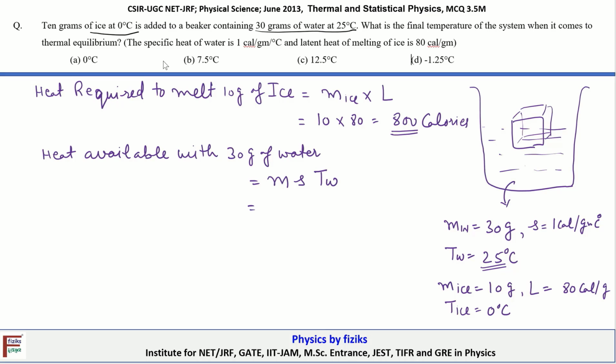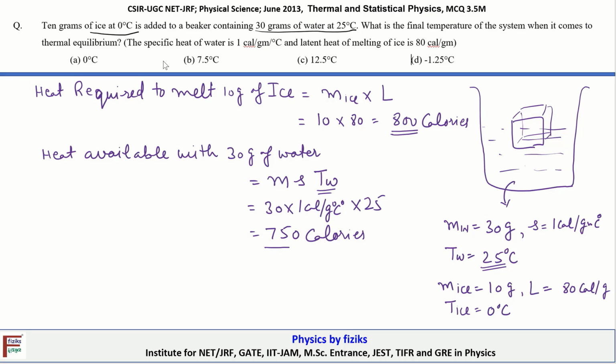The mass of the water is 30 gram and the specific heat is given per degree Celsius, so we need not convert the temperature into Kelvin. So this is 1 calorie per gram per degree Celsius, multiplied by the temperature 25 degrees Celsius. So this is equal to 750 calories.